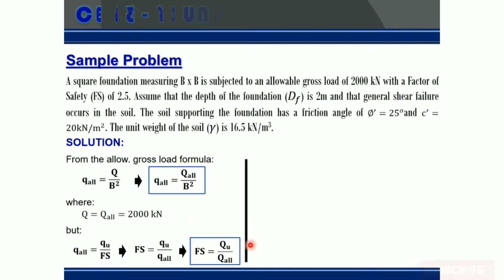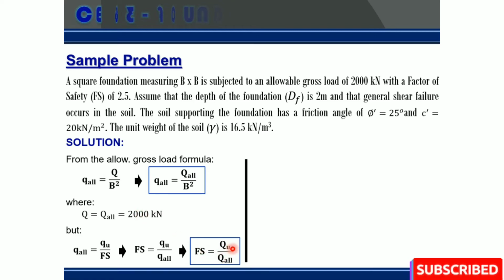Okay, so by this formula we can therefore say that given the FS of 2.5, and this Q allowable, which is also equal now to our Q here in this formula, we can actually determine our Q sub u.